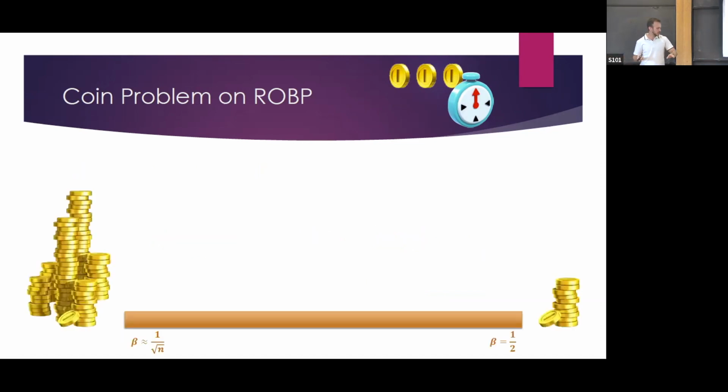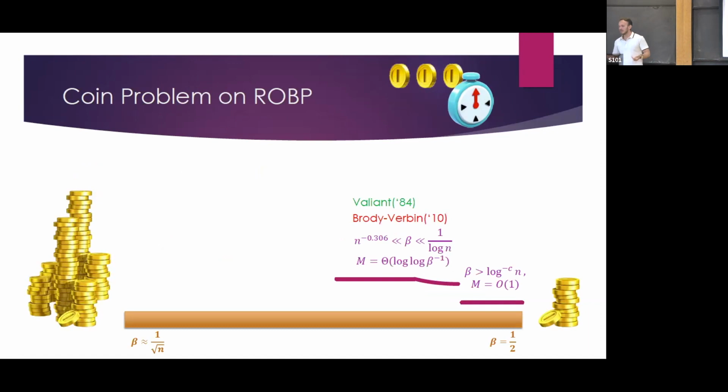Okay, so now back to the coin problem and what we know about it. As we said, we need only constant size memory if the bias is something like 1 over a polylog. And in fact, doing something similar, as we said, we can emulate the short depth Boolean formulas all the way up to this n to the minus 0.306, because in that regime, we still have this construction of a shallow formula.